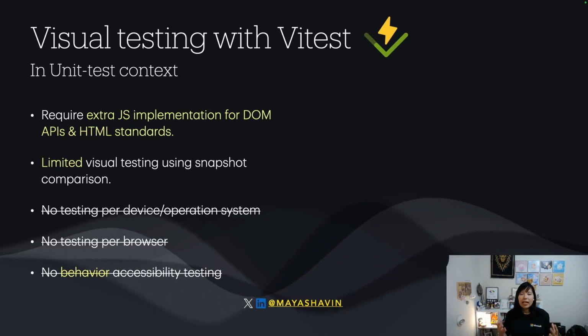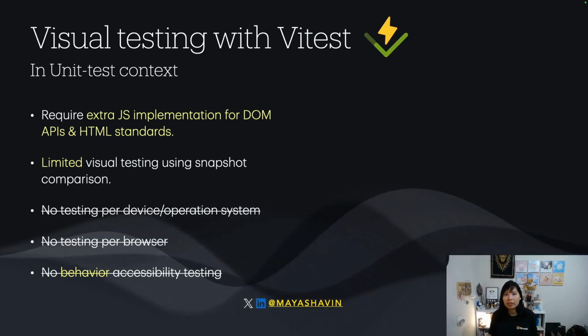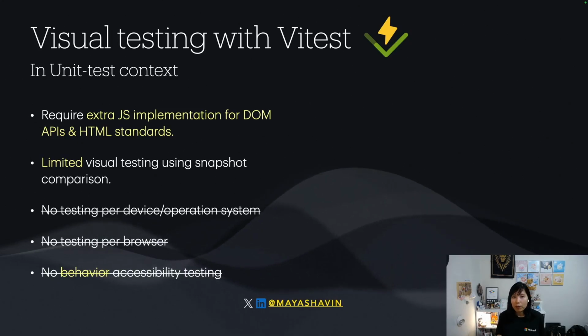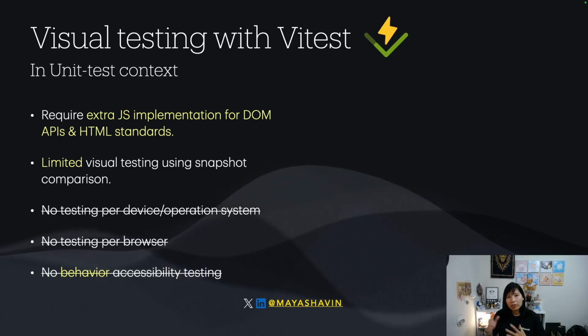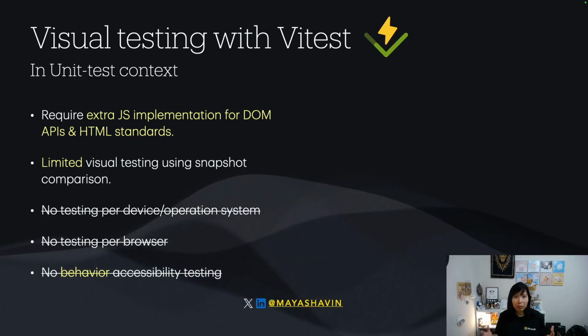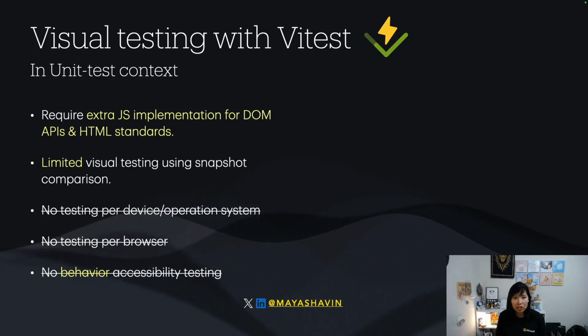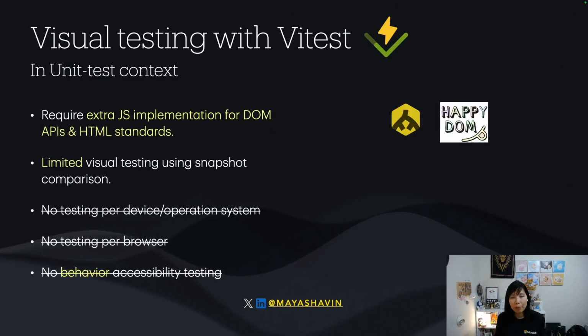Like I said, Vitest is a very generic test runner. So we won't have any browser support here because we are using the Node environment. Because it's in a Node environment by default, when you run a test on a component which is for the front end, for the browser, you need extra implementations for the DOM API and HTML standards, such as JSDOM or HappyDOM.